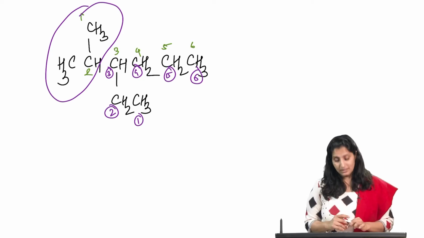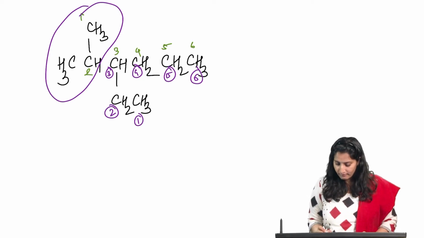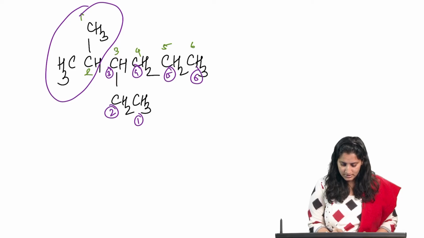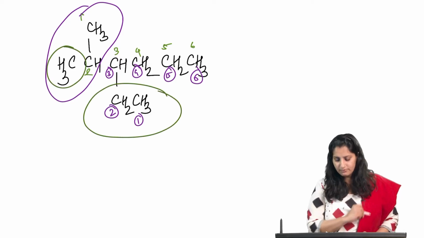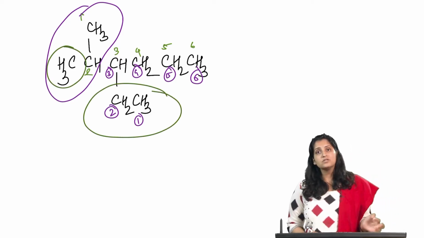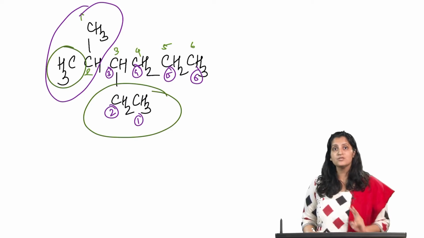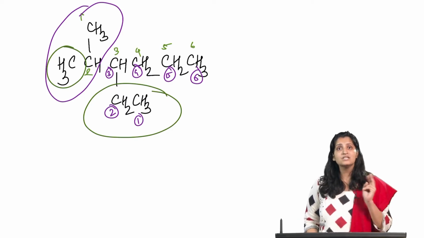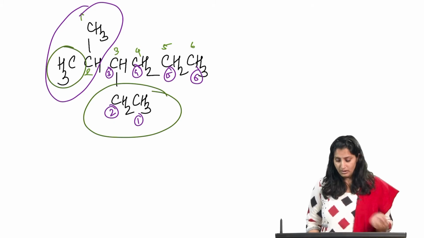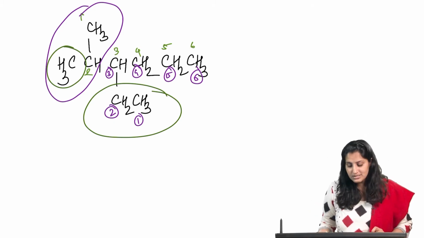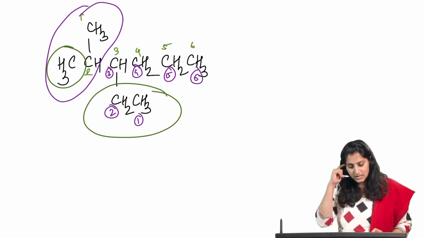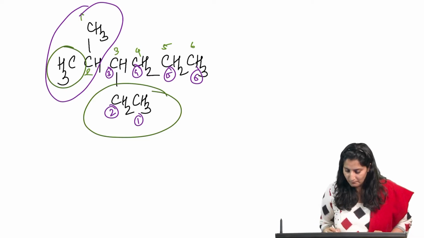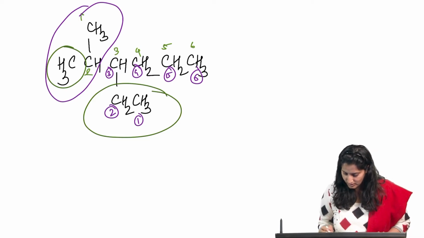If I choose the one in green, I have two substituents, one is here and one of them is here. What we said is we want the one with the largest number of substituents possible. So, in this case the green one wins, and I will start numbering it such that I use the green numbering. So, I am going to get rid of the purple one.